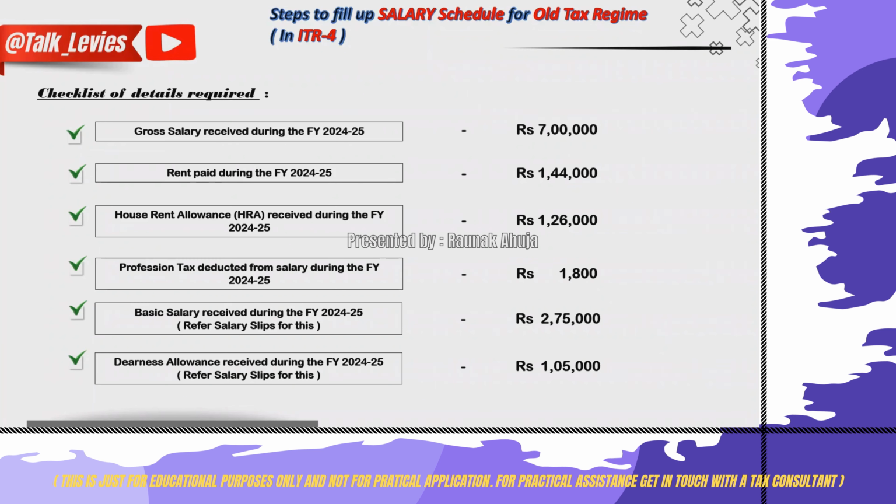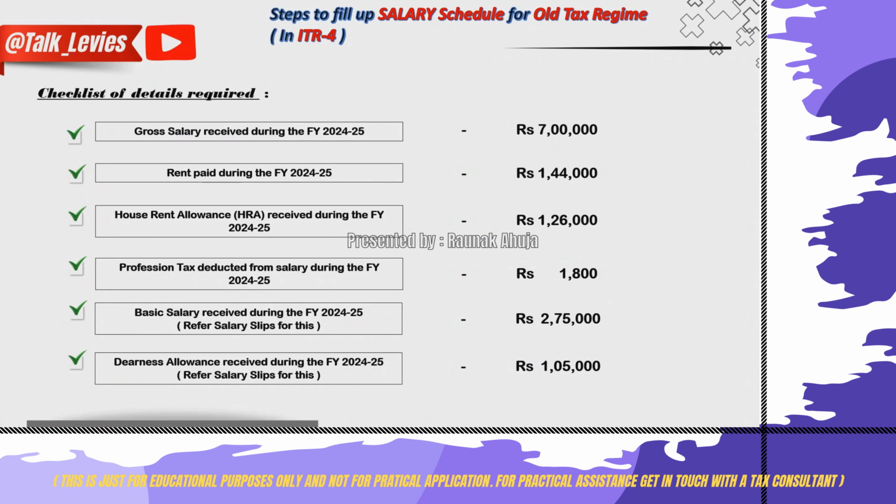Now viewers, please note the rent paid, the house rent allowance, the professional tax deduction, and the bifurcation of the salary into basic salary and DA allowance is relevant only in case of old tax regime, because these deductions are only available in the old tax regime. These deductions will not be permitted in the new tax regime. Hence, this becomes a part of our checklist in the old tax regime.